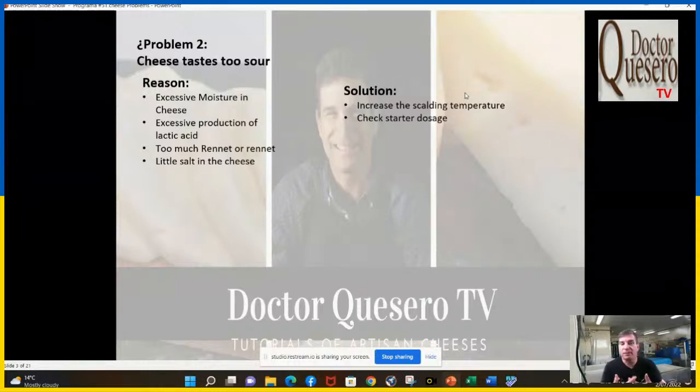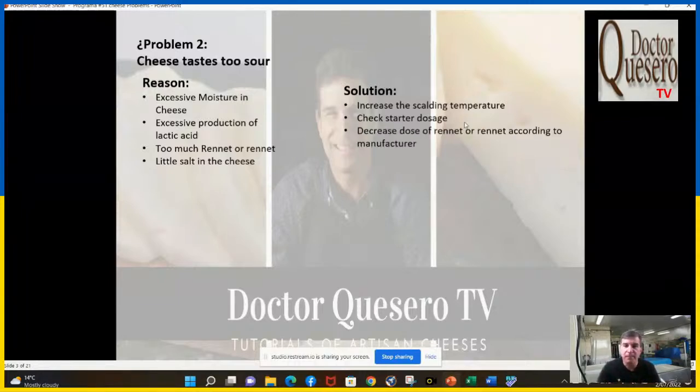So if you increase the amount of starter culture, they will feed on the lactose and produce more lactic acid, and the lactic acid will help you get the right level of acidity in your cheese.